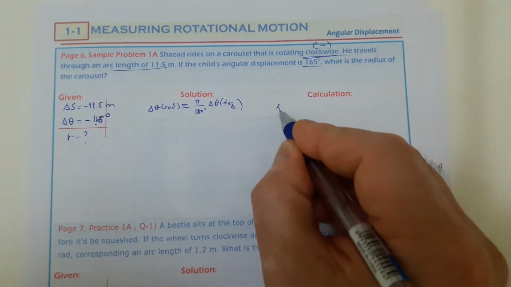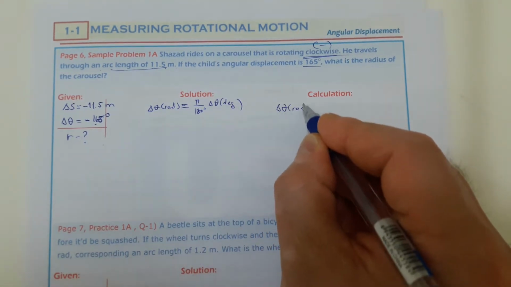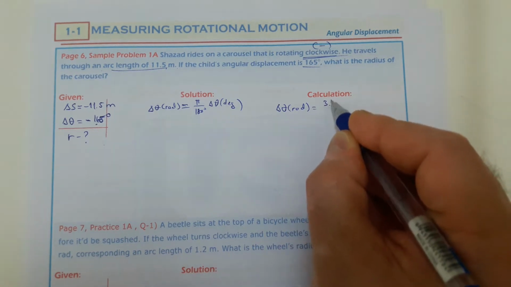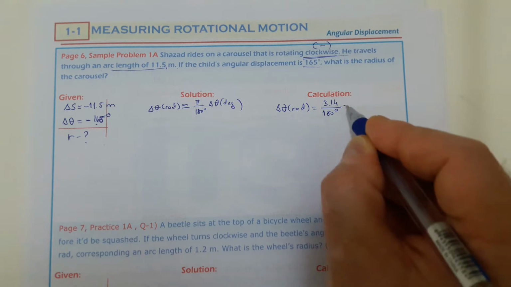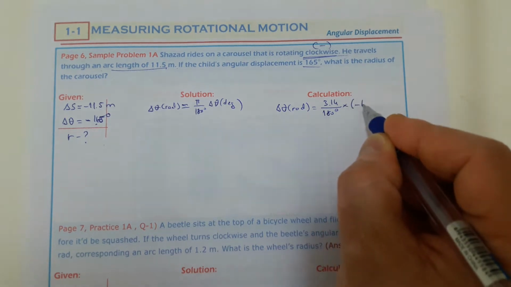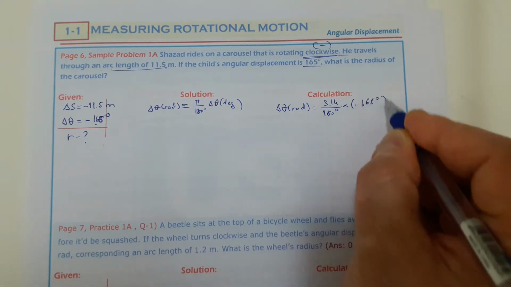Let's calculate delta theta in radian, how much? Pi is 3.14 divided by 180 multiplied by the angle, negative 165 degrees.